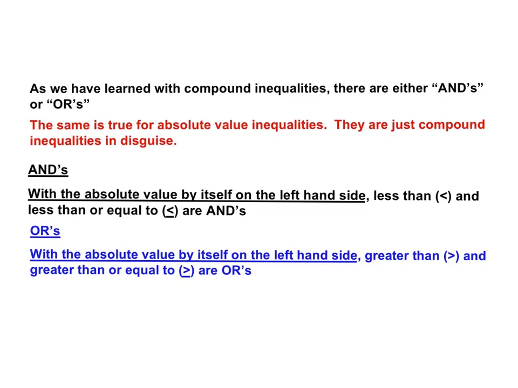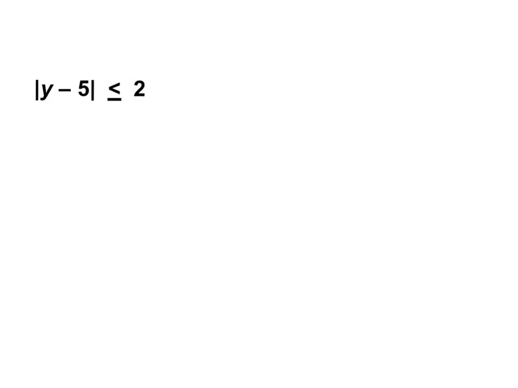And so what happens is you take that absolute value, and then we do some similar things. There's one little twist, though. All right, again, simple example. The absolute value of the quantity y minus 5 is less than or equal to 2. The first question, of course, is: is this an and or an or?